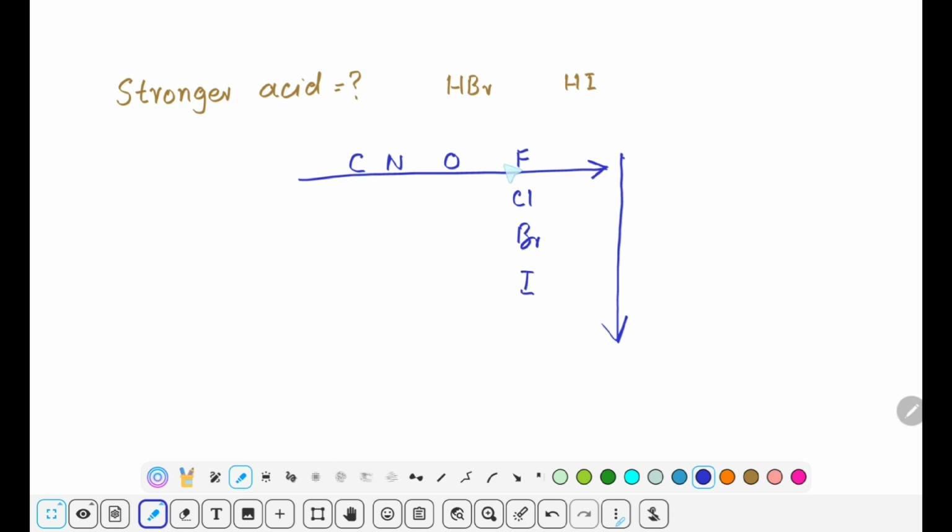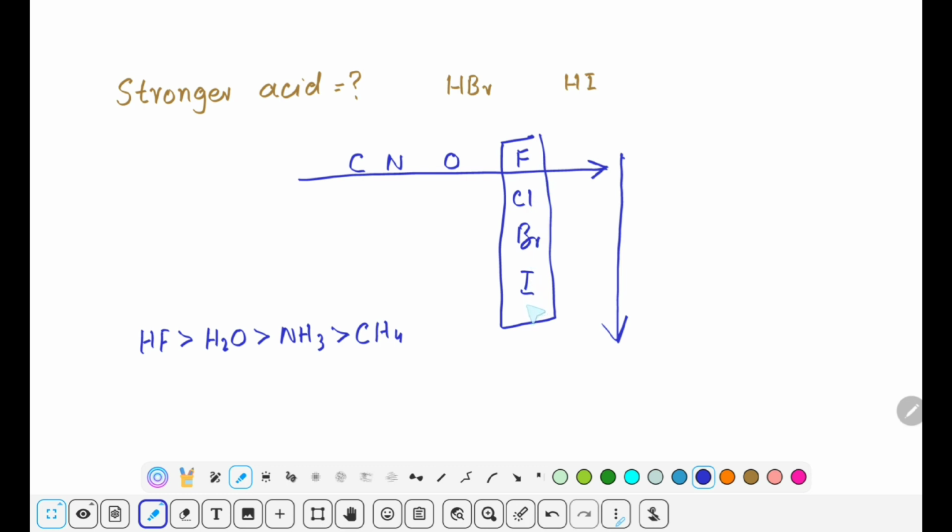According to this trend, we can say that the strongest acid in the period is HF. That is, HF is a stronger acid than H2O, which is stronger than NH3, which is stronger than CH4. This is the trend in a period. Now in a group like the halogens, down the group the acidic strength increases.